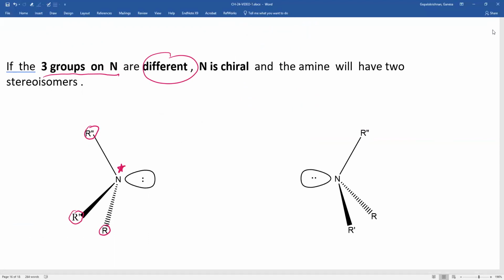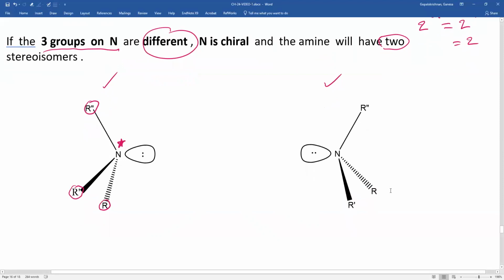If there is one chiral center, you know how many stereoisomers? 2 to the power n, where n is the number of chiral centers. So in this case, 1, you must have 2 stereoisomers. One is this one, the other one is its mirror image. So the amines which have a chiral nitrogen will have 2 isomers.